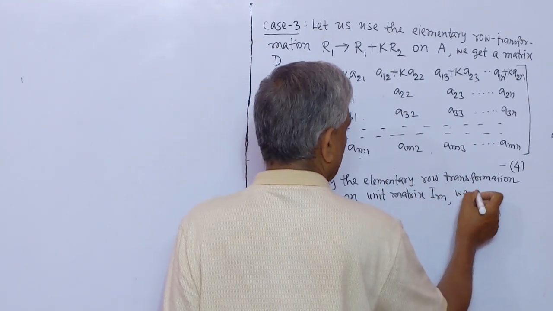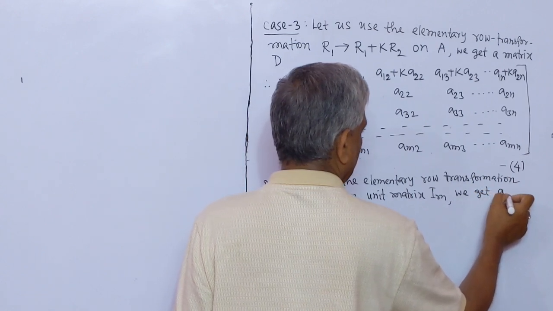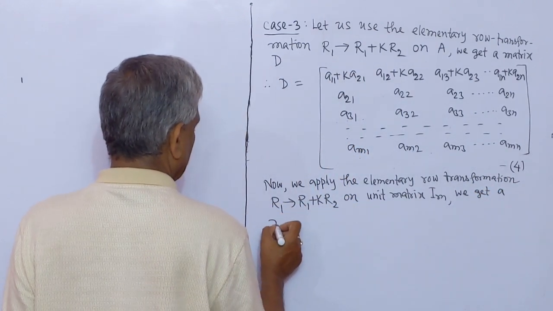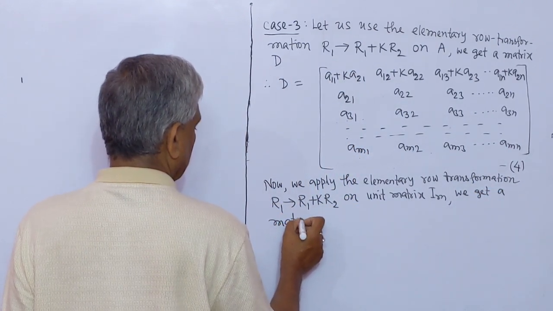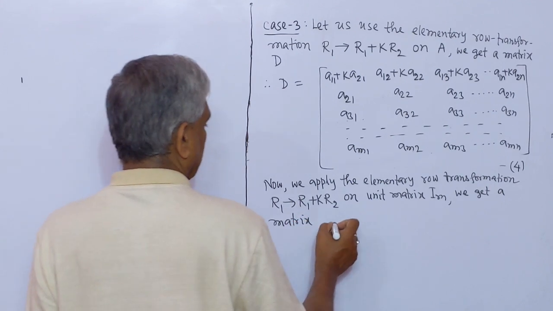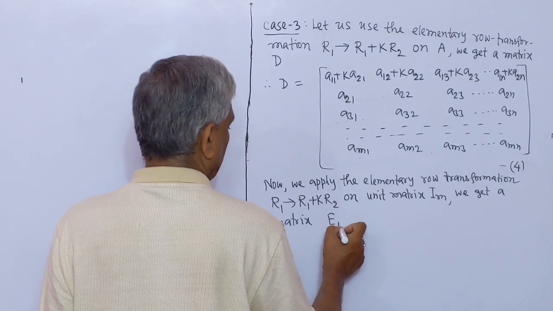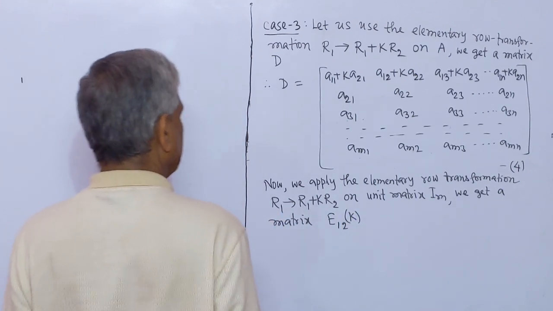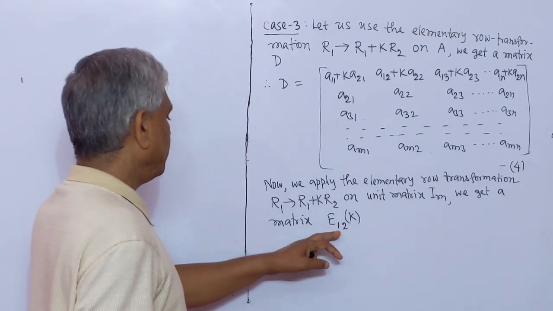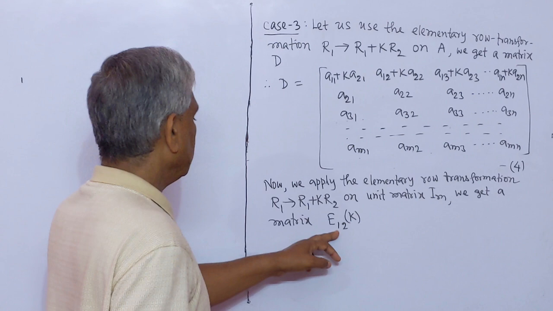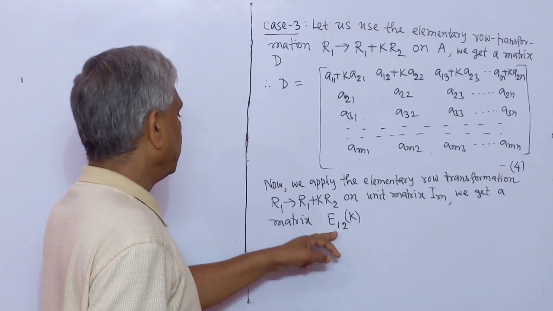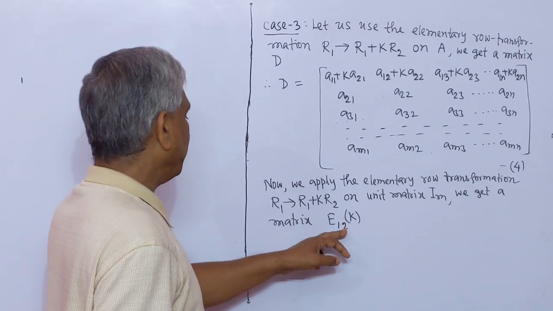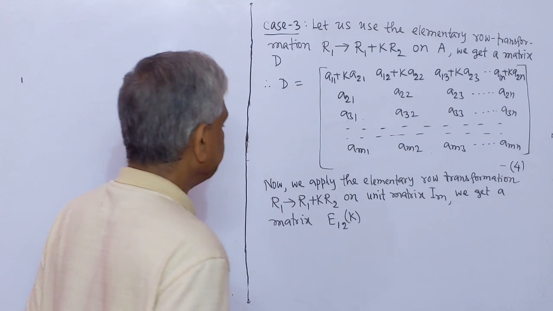We get a matrix E12(K), means in place of first row we add the K multiply elements of second row.